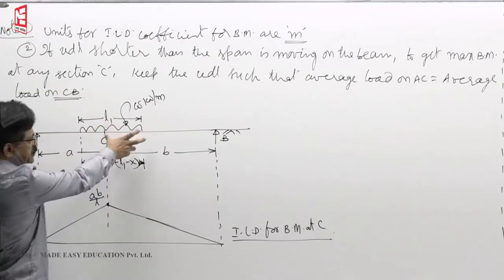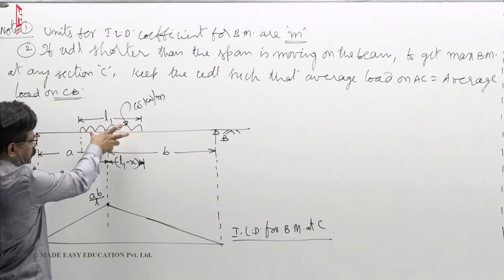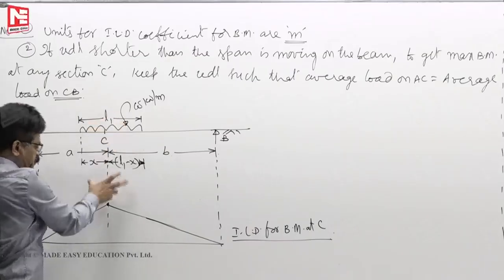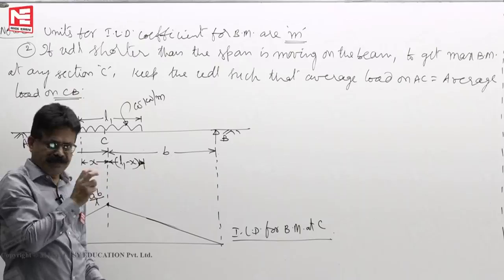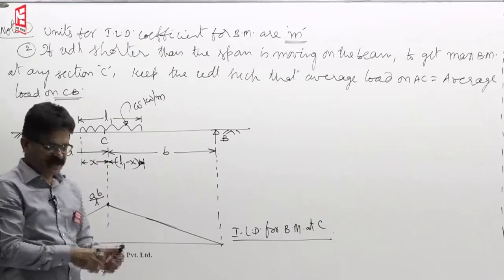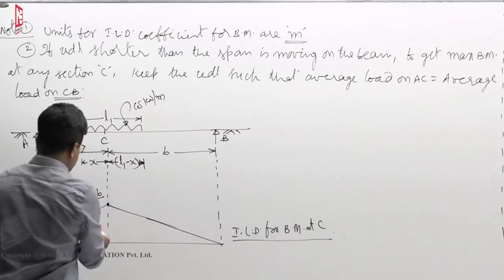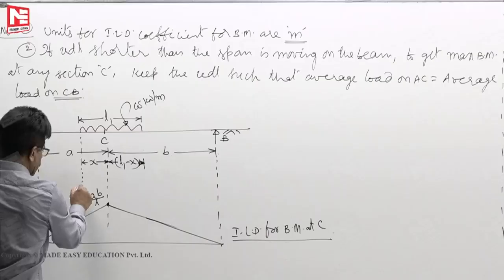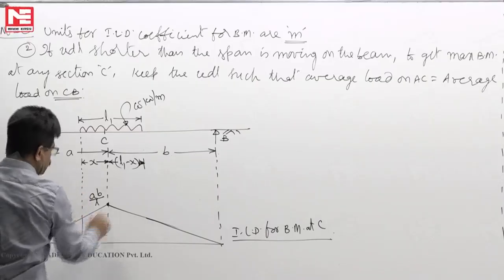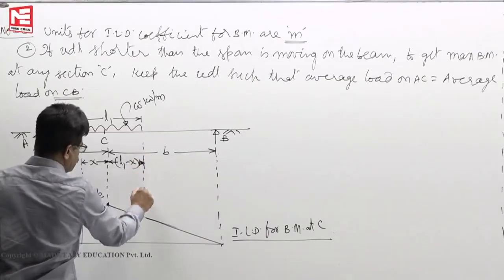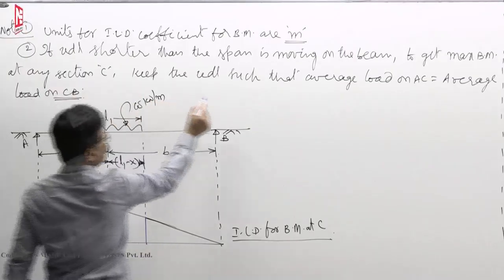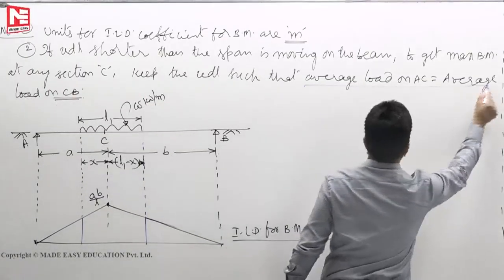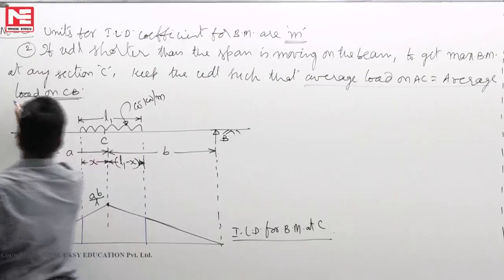Then you must adjust the UDL such that intensity of UDL into area of the influence line diagram must be maximum. Then bending moment at C will be maximum. So, to get the maximum area of influence line diagram, you must adjust the load such that average load on AC is equal to average load on CB.